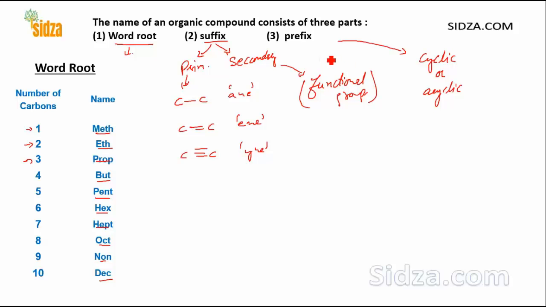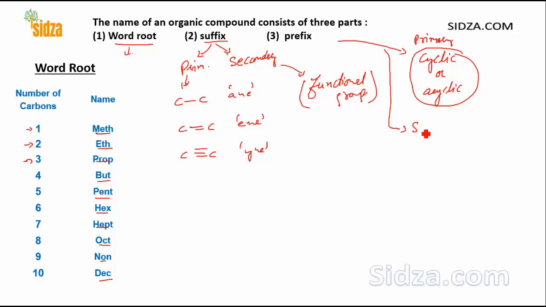Prefix is also of two types, the primary prefix and the secondary prefix. The primary prefix differentiates a cyclic molecule from an acyclic molecule.